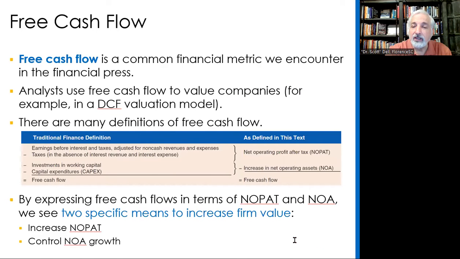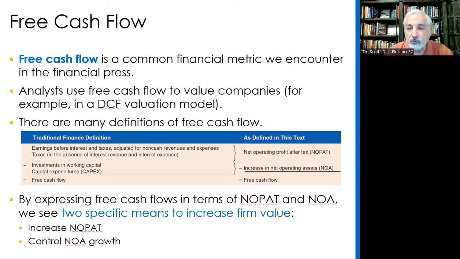And the final one is free cash flow. There are a couple of ways that gets calculated. We're going to emphasize the one on the right, that's as defined in the text as it states there. But free cash flow is a metric. It's fairly commonly used by analysts to value companies.